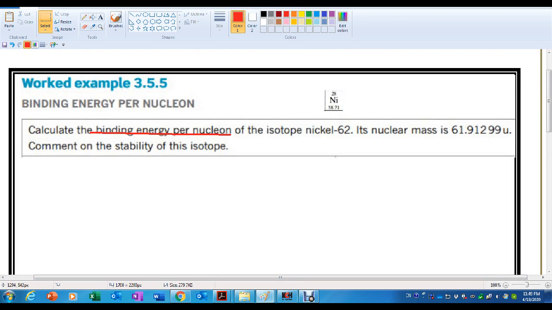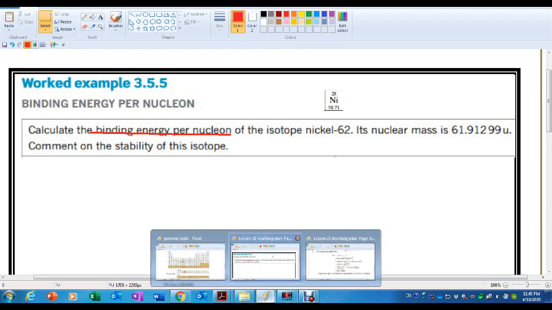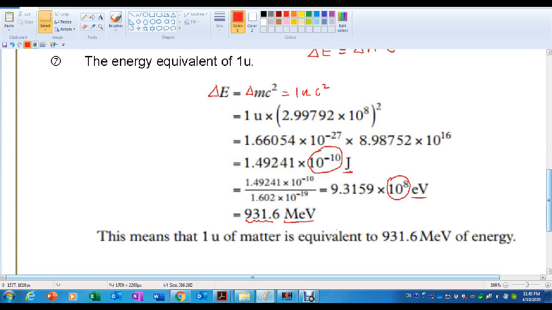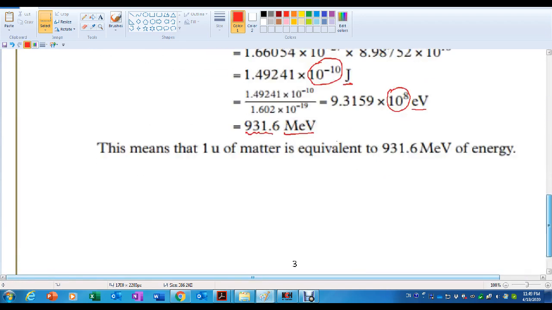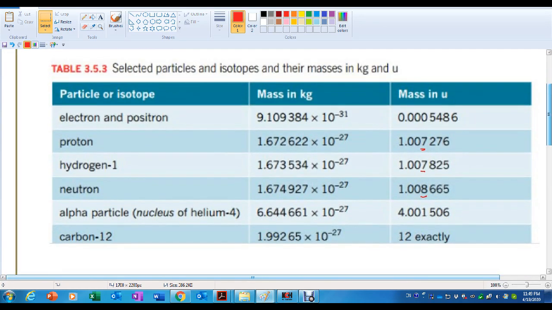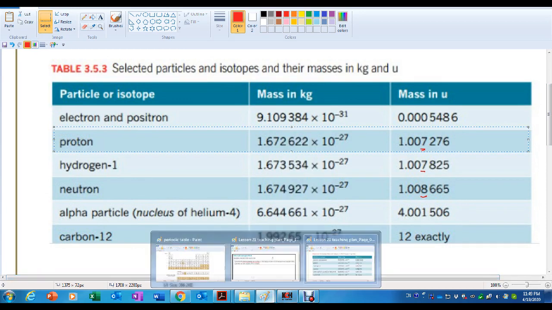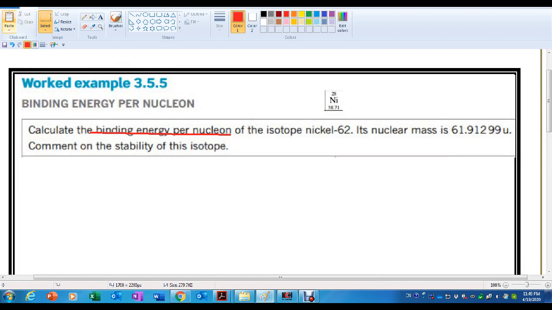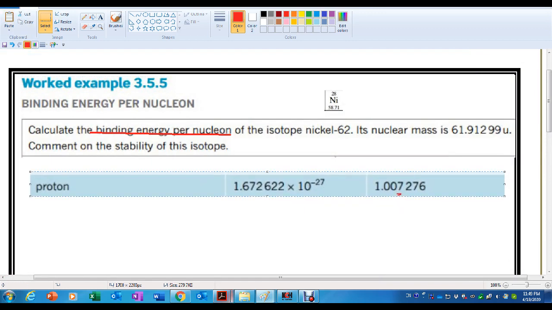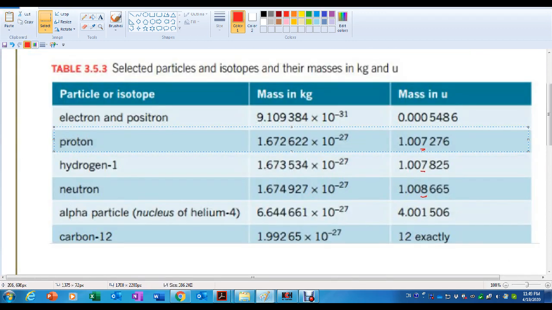And what do we still need? You need the mass of proton and mass of neutron. Do we have it here? No, so we need to go back to this page, page 3 in the same notes. So you have the mass of proton, which is data from the previous table.